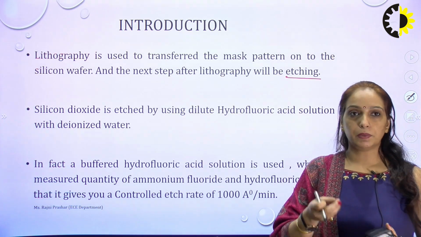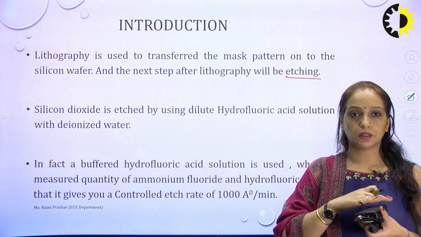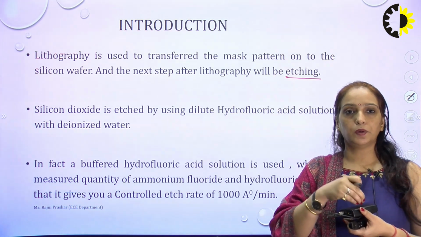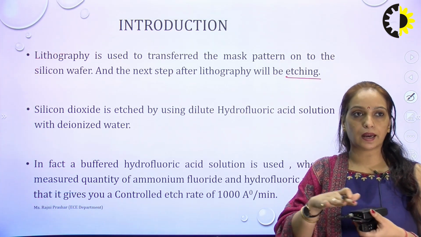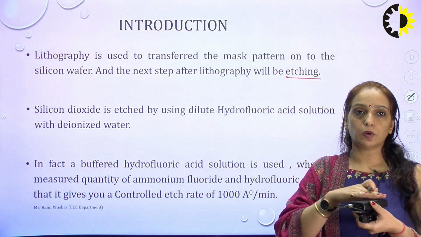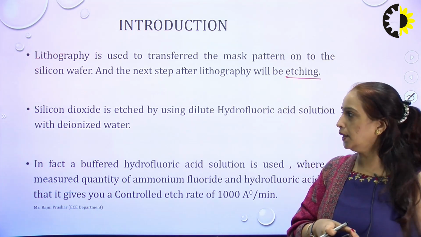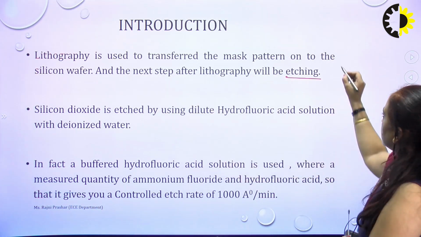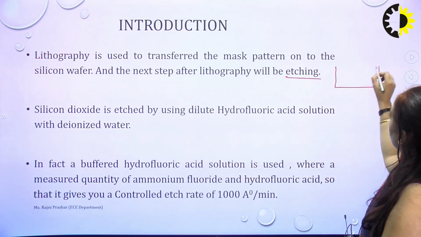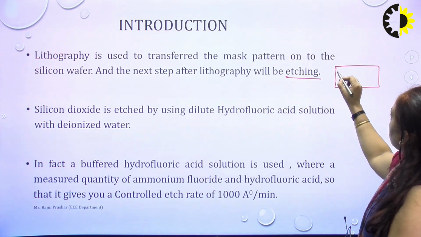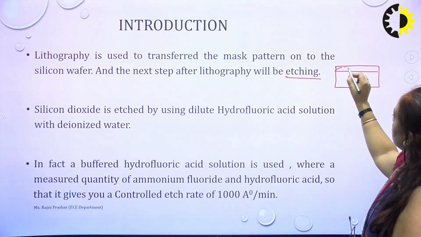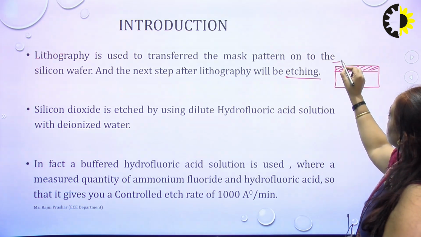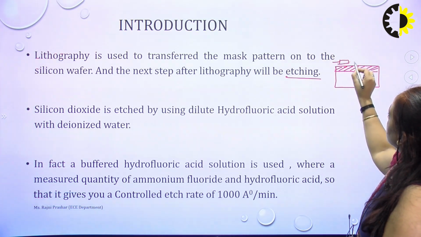Etching simply means to etch something from the pasted surface. If you have something pasted over the surface and you need to extract that thing so that you are in contact with the original surface, okay. So, silicon dioxide is etched because we know that we have this silicon substrate, right. We have created the silicon substrate, and with the mask we have created some windows.